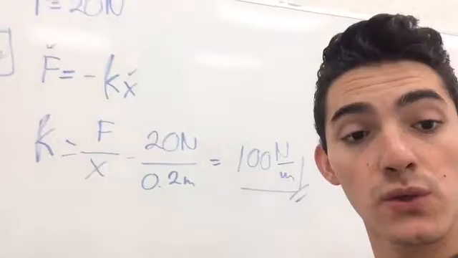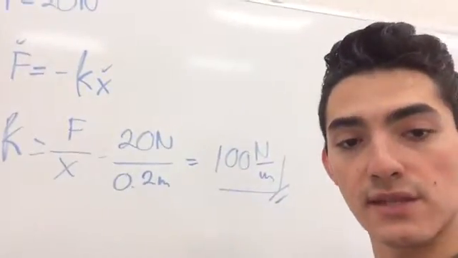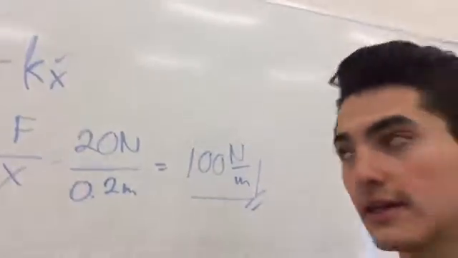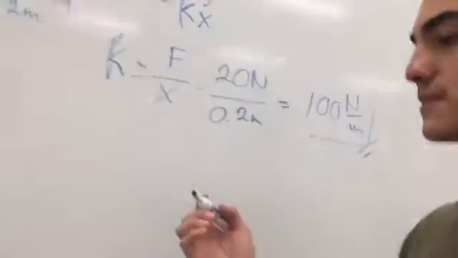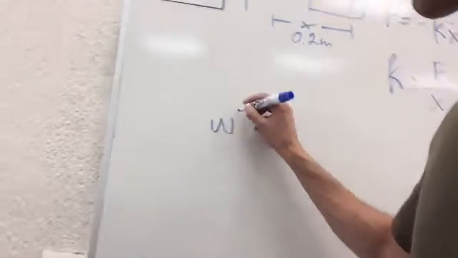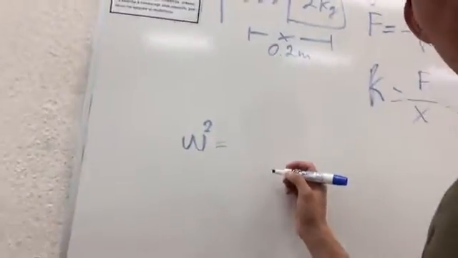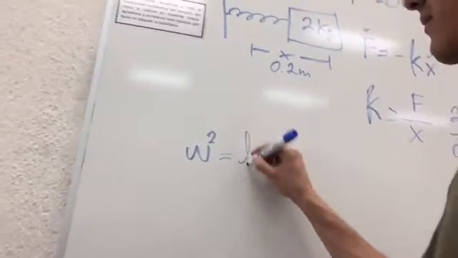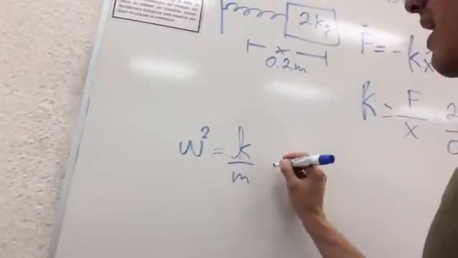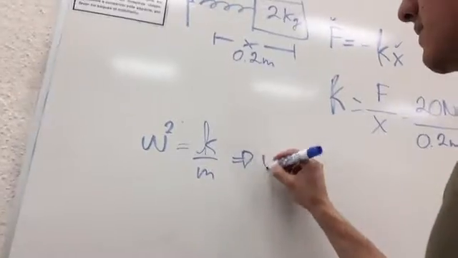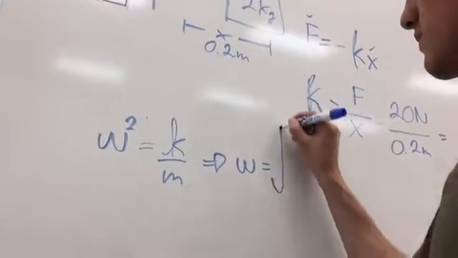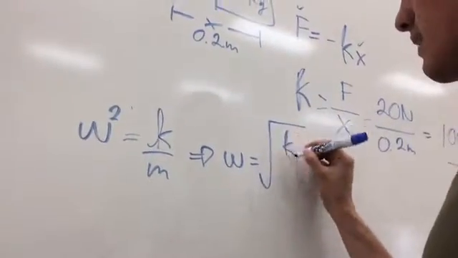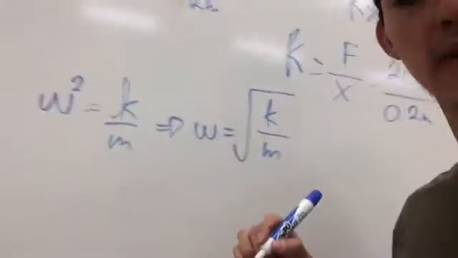Then we are asked to calculate the frequency of the oscillations. For calculating the frequency, we first have to obtain the angular velocity. We know that omega is equal to the square root of k over the mass.